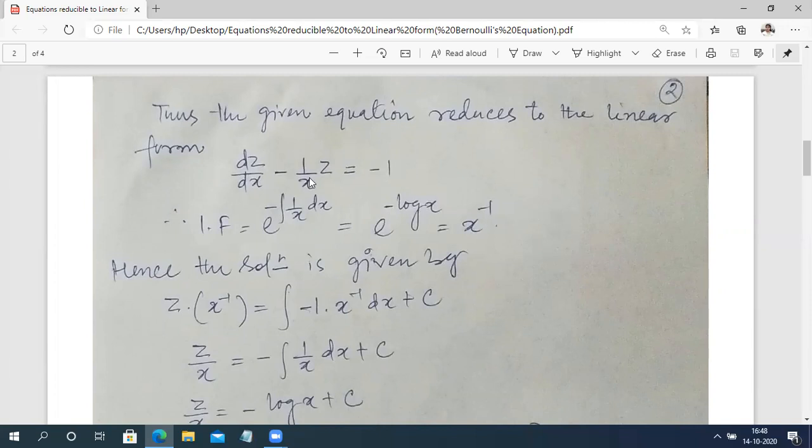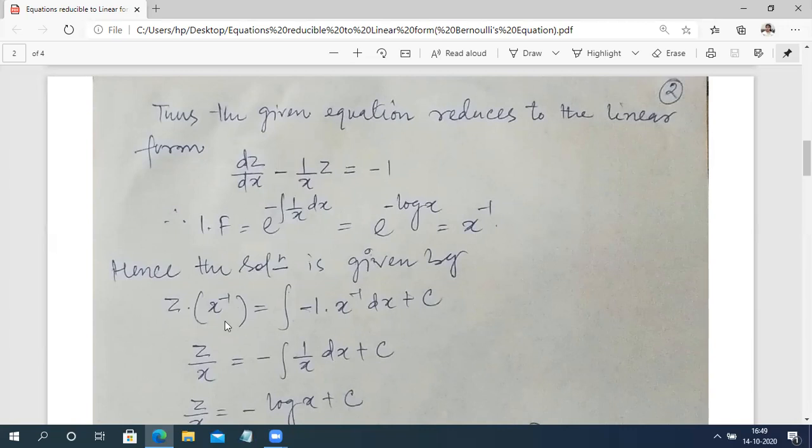Okay, this is your linear equation and its integrating factor is 1/x. So the solution will be: if it is dy/dx then the solution is y into the integrating factor, but here this is linear in z.